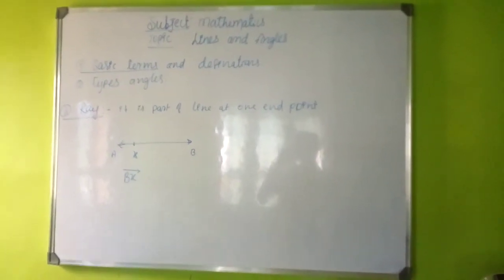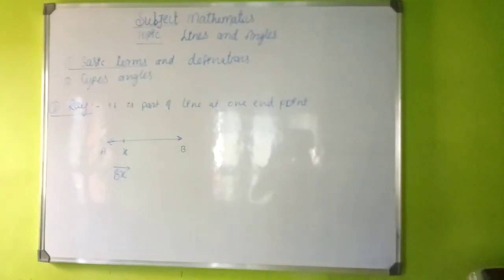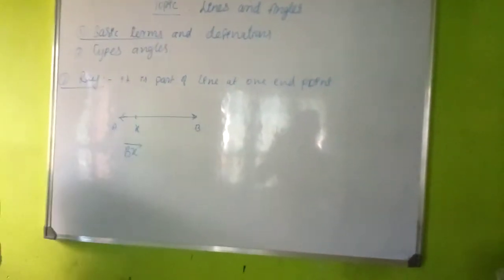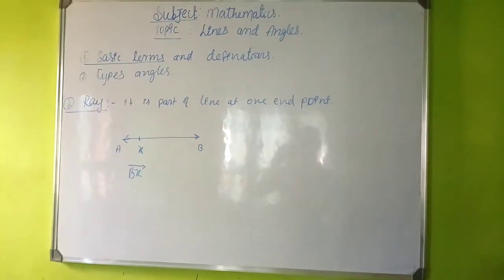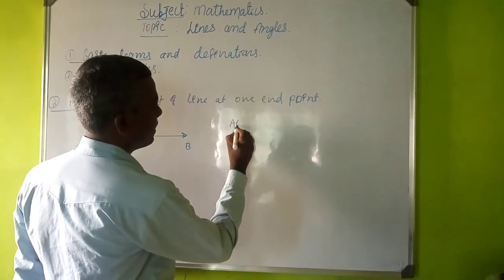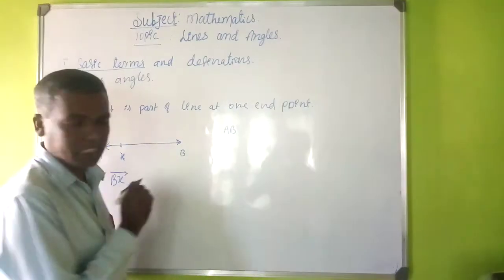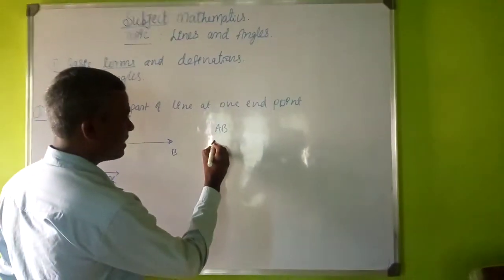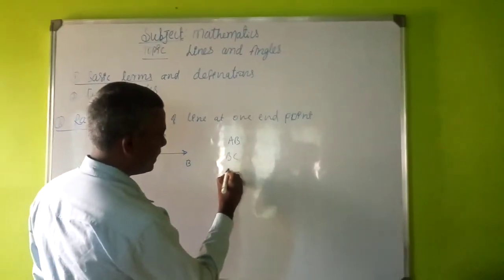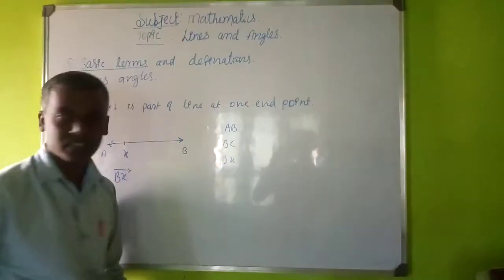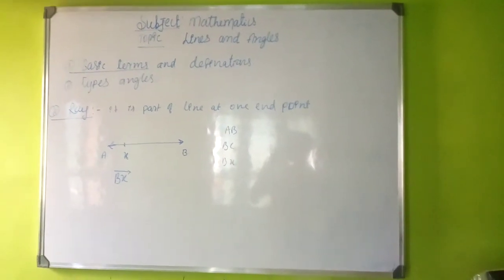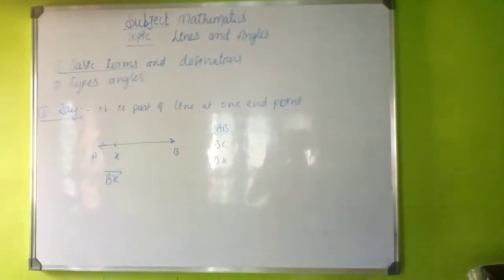So dear students, these are the basic terms we have learned here. In geometry, we generally do not represent these terms with any symbols. Basically, we write line AB, line segment BC, and ray BX without any symbols above the alphabets.